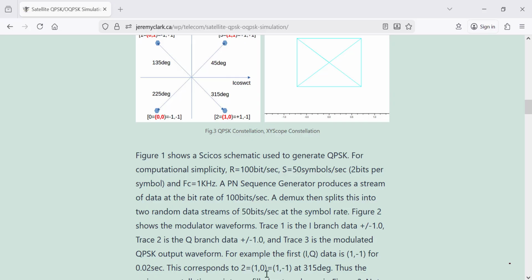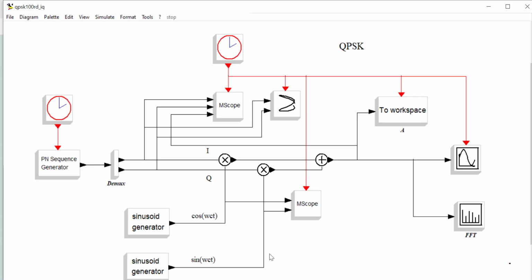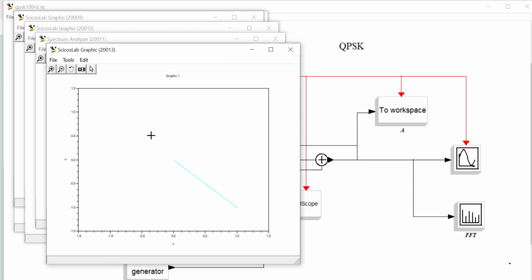We can look at the actual model here. I've got it open in Scicos. So what I'll do is I'll focus on the constellation. I'll just simulate and run this. So there's the constellation. You can see how it's changing from nearest neighbor to nearest neighbor, and sometimes diagonally as well.